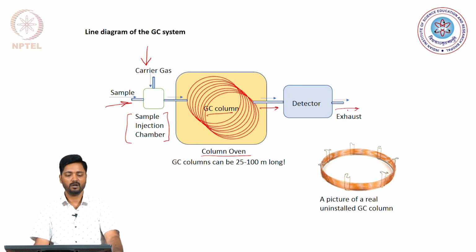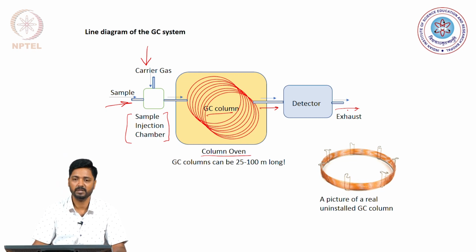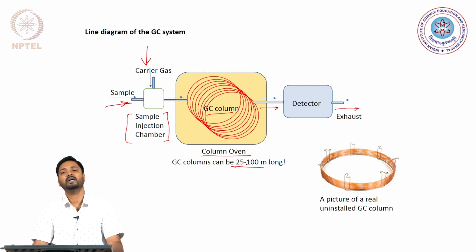Now, it is interesting and important to note that gas chromatography columns can be really long. For example, it is quite common to have chromatographic columns that are 25 to 100 meters long.